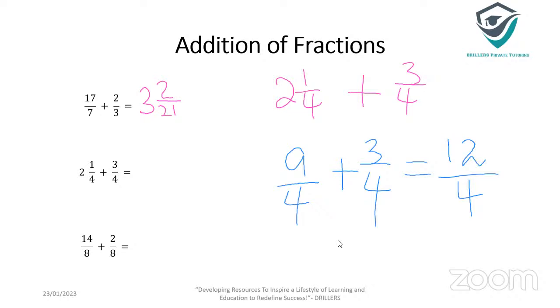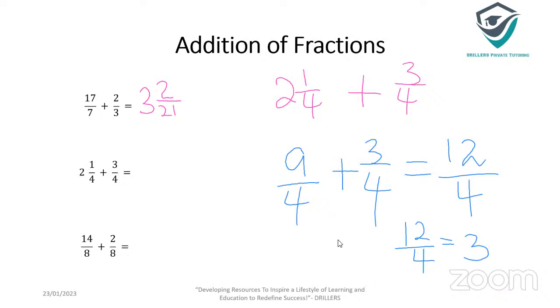And now we have to simplify. So if I have 12 over 4, then I have to ask myself, how many times can 12 be divided by 4? So 4 can go into 12 3 times with a remainder of 0.